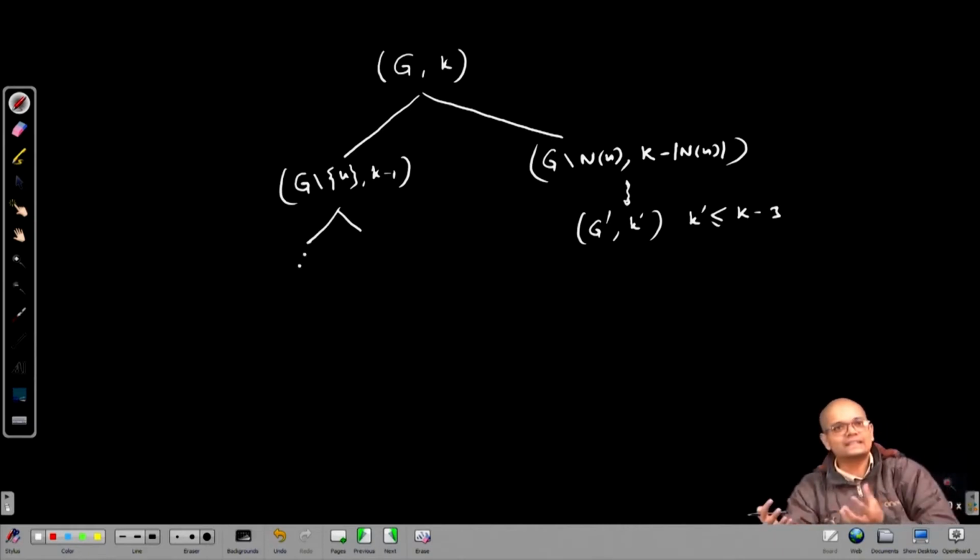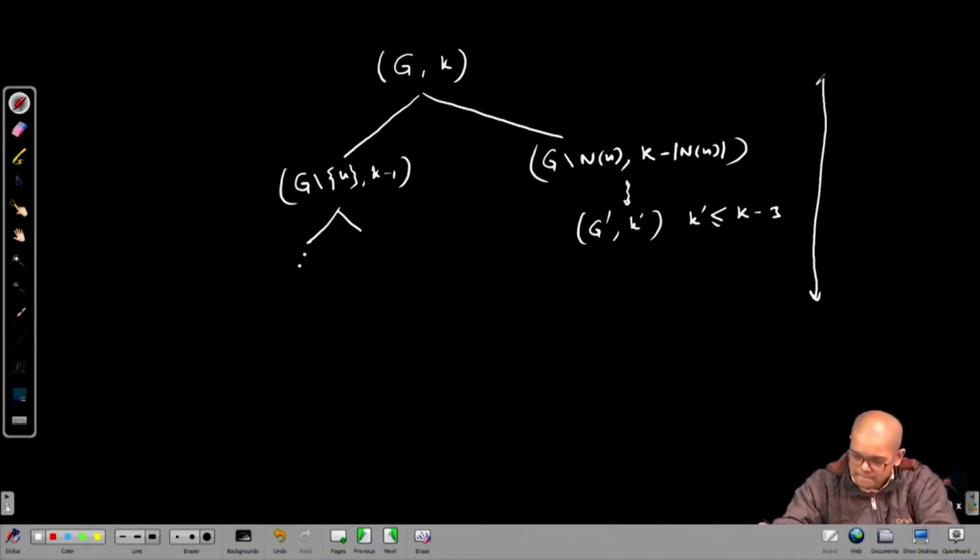Now here also the height is k, but one branch is much shallower. So how many nodes are there?